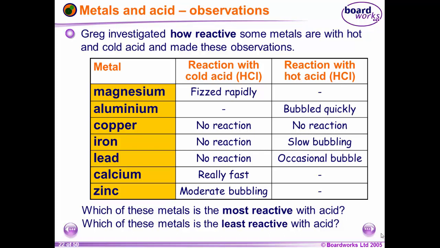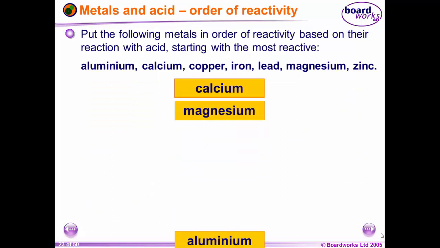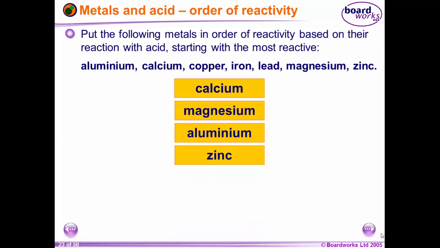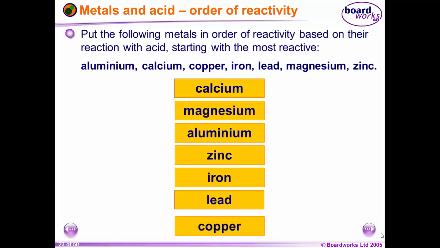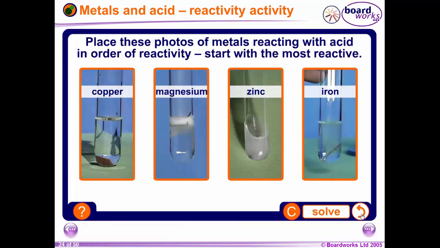Which of these metals is the most reactive with acid? Which is the least reactive with the acid? So these are the metals in order of reactivity. Let's put these photos in order of reactivity.